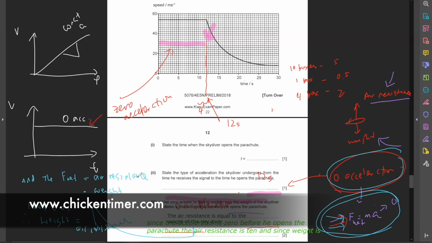Then weight and air resistance will be equal. That gives you the reason why the air resistance equals the weight. Okay. So, since the acceleration is 0, F net equals 0, so weight must equal air resistance. Like that is enough.